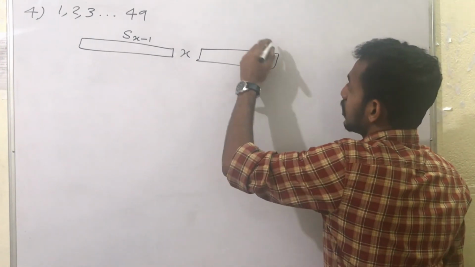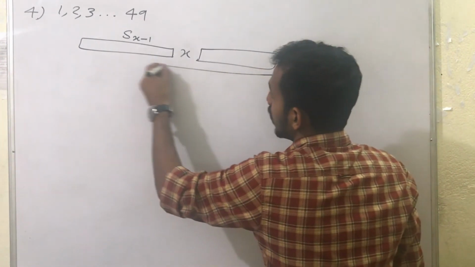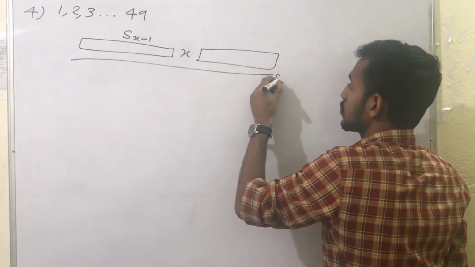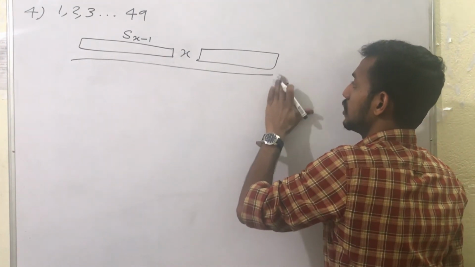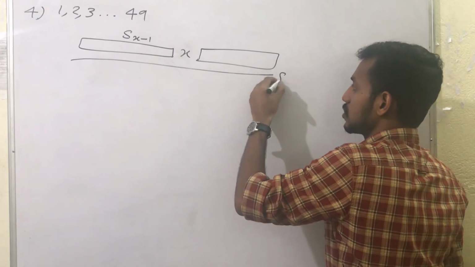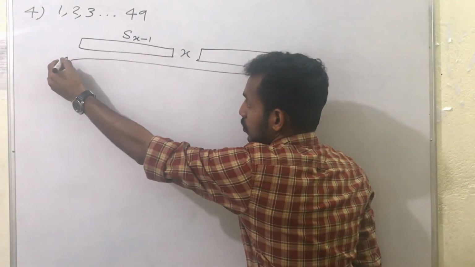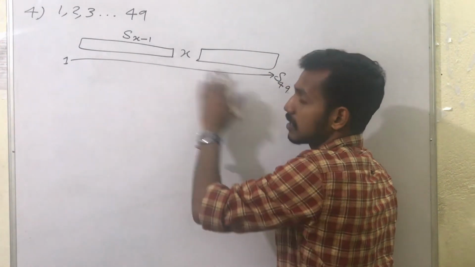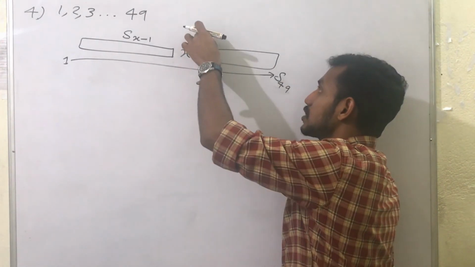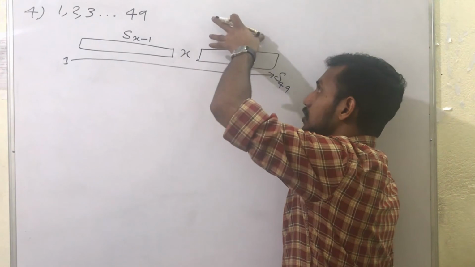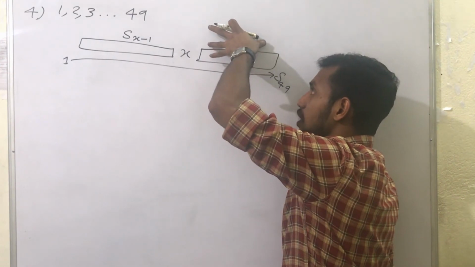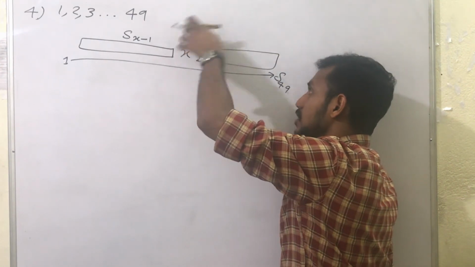So up to here, what will be the value? S49, the sum of the 49 houses. Clear? From 1 to here, we will get a sum of 49. Then what will be the sum of the numbers of houses succeeding it, that means after x?